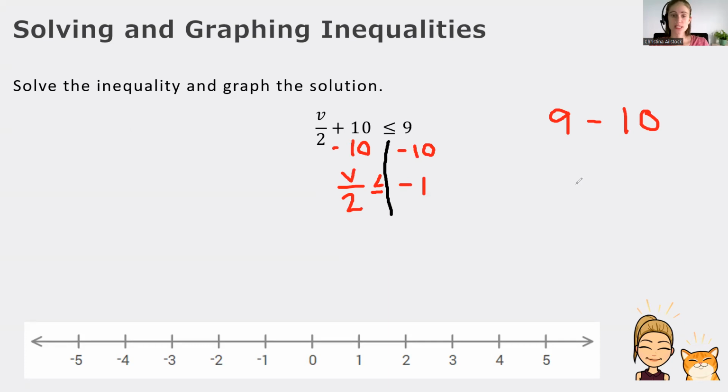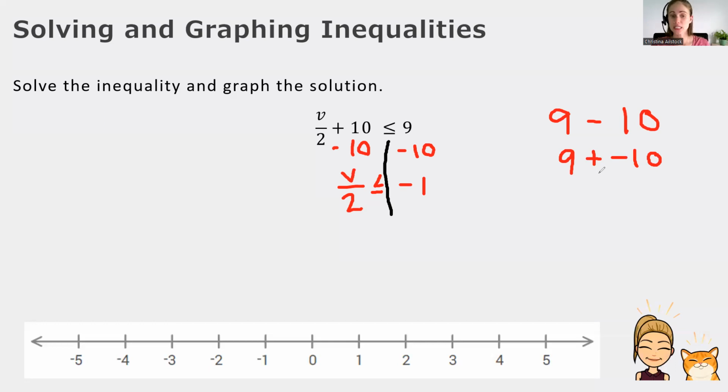Another way you can look at this is by simply following the rules and writing out every step. Whenever you have a subtraction problem, you can rewrite it as adding the opposite, because subtracting is the same thing as adding the opposite. So we can rewrite this as 9 plus -10. And when you're adding integers, if the signs are the same, you add them and keep the sign the same.